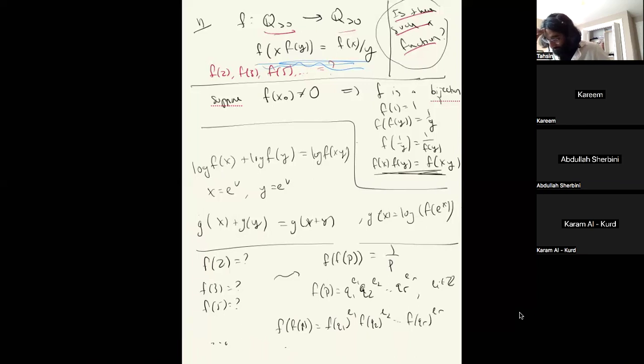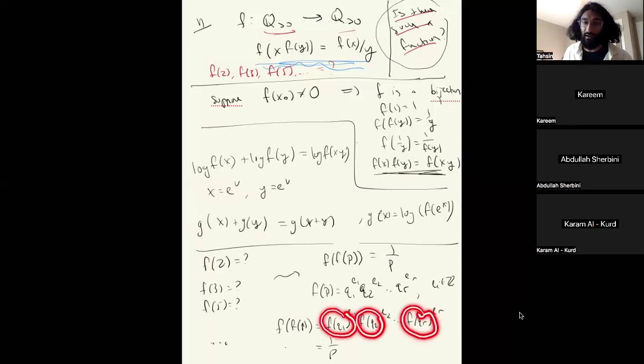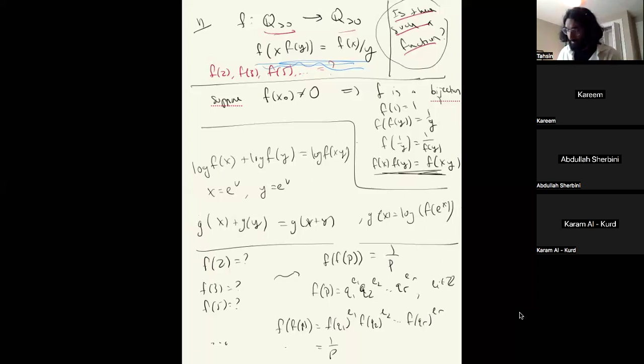And this is 1 over p. So it tells us when I look at these primes q1 through qr, and I look at f of them, all these numbers either need to be 1 or a prime. Does that make sense?